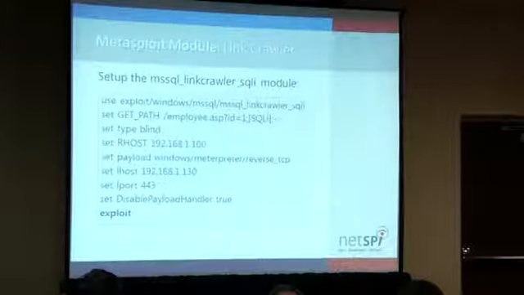Like I said, it's not a SQL injection tool, so you have to know how to do the actual injection. You mark it with SQLi, set the type of injection, blind, error, or union, set the payload, disable the payload handler, and if you find any links with excessive permissions, it will start giving you back shells.